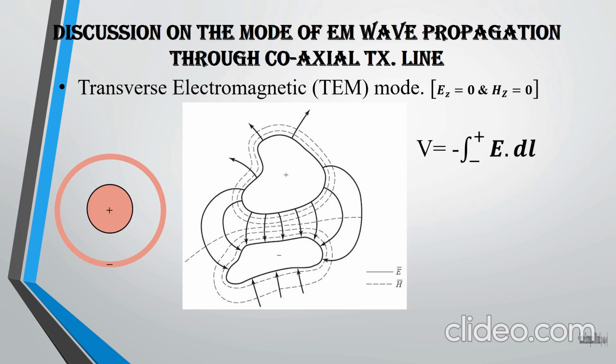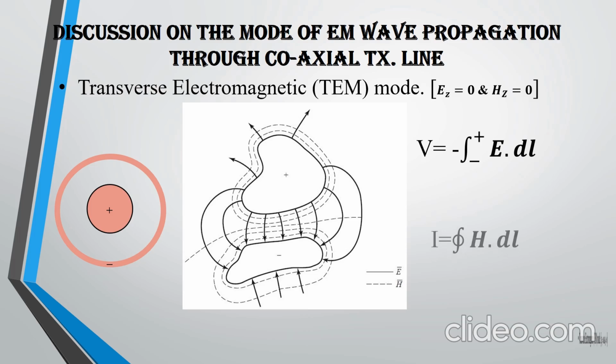As there is a finite voltage difference and also some electric field formed between these two conductors, we can define voltage between these two conductors, and this voltage can be represented by this equation, where there is a line integral of electric field and dl line element. If we consider dl line element within here.